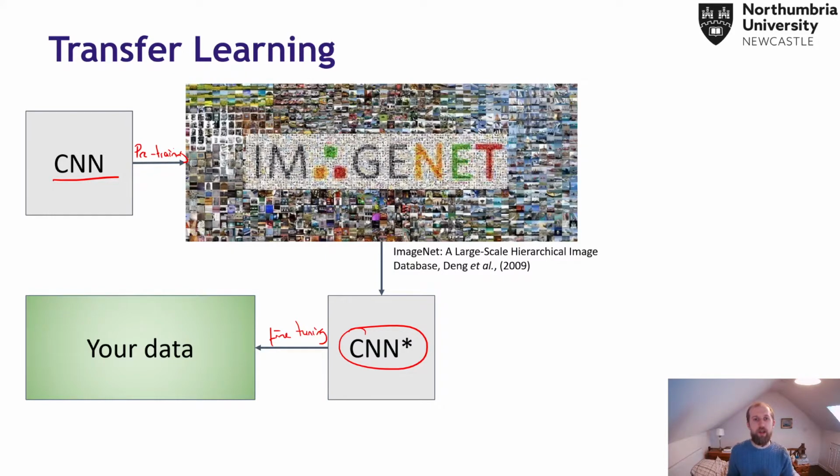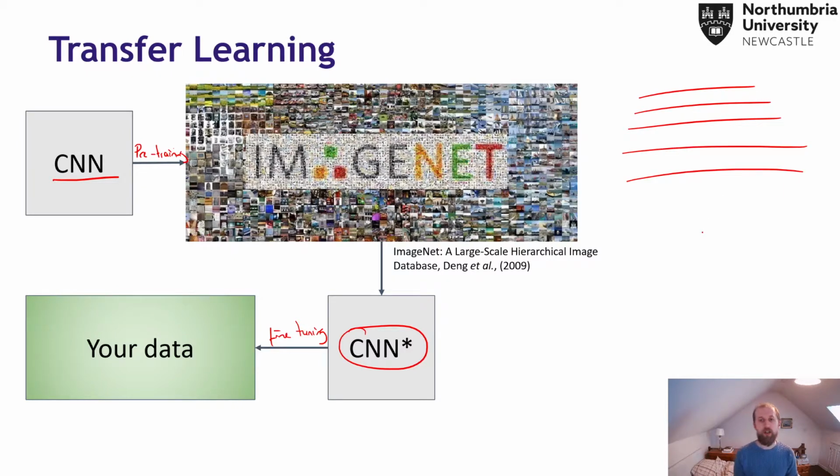So what's happening here? Let's imagine that we have a task where we're trying to categorize people. And you've got this very, very big network, which is trained on ImageNet. Well, you're going to have loads of features that aren't going to actually be relevant to your data.